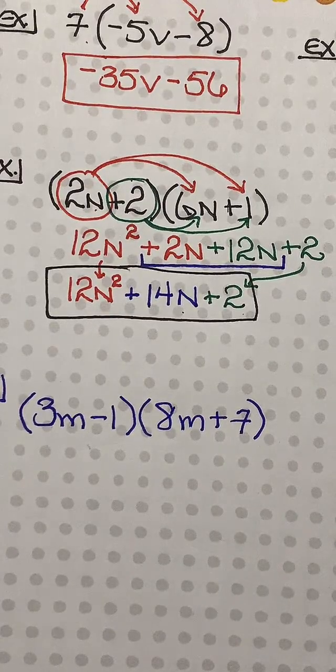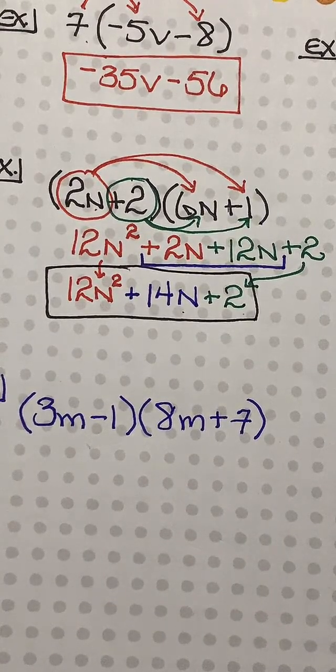There you go, Kevin. All right, so Faith, 24m squared plus 21m minus 8m, which you can combine the 21 and the 8m. Lisa, we got 24m squared plus 13m minus 7.